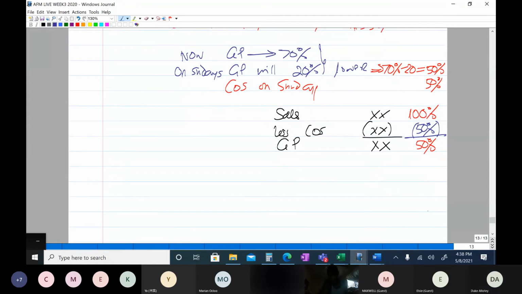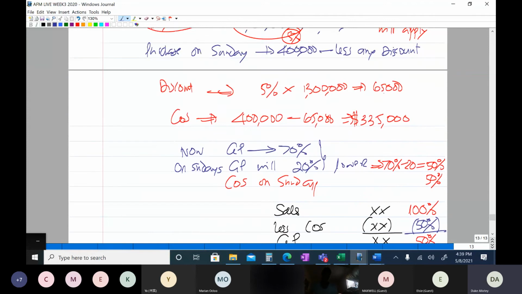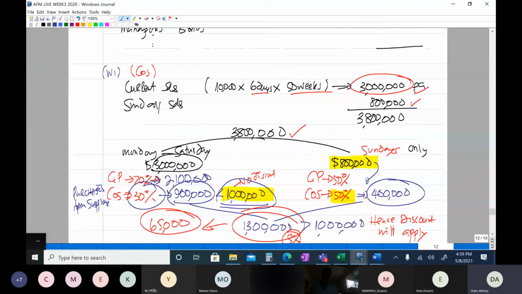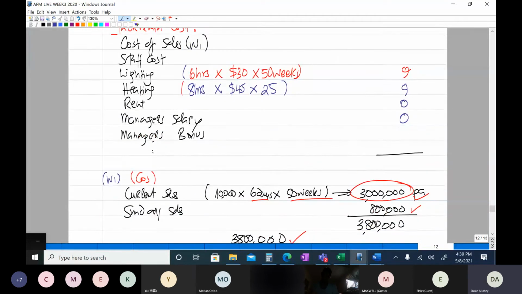Now, the manager's bonus, I want you to analyze something. From our calculation, the manager's bonus was 8,000. I remember it was 8,000. 1% of the 800,000 was 8,000.